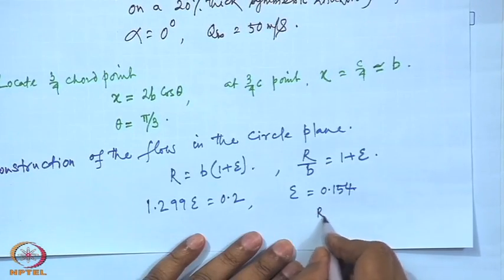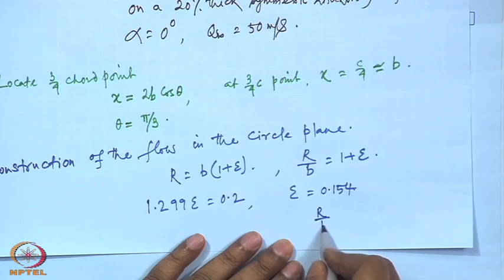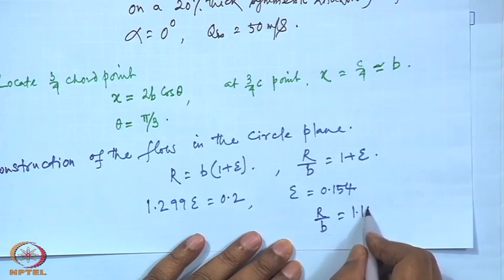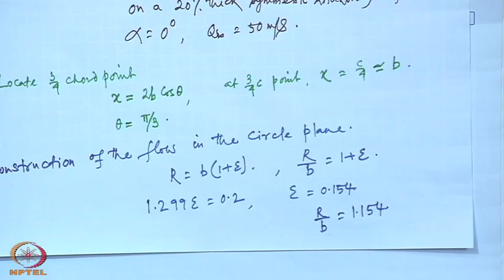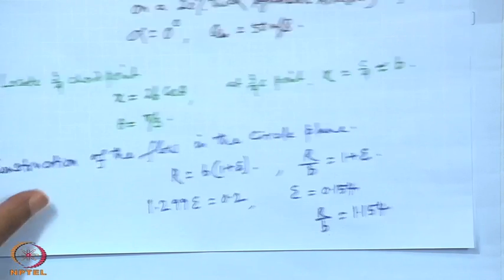So, we have R by B equal to 1.154. Okay. How much is the circulation?